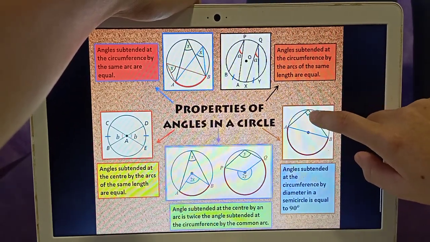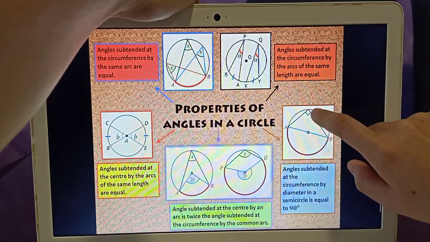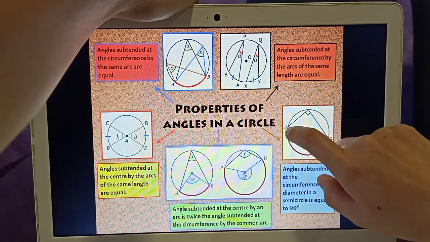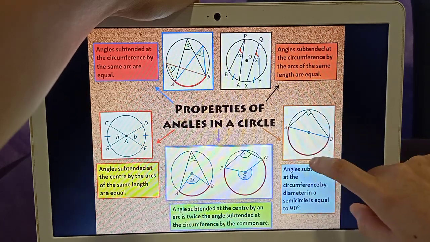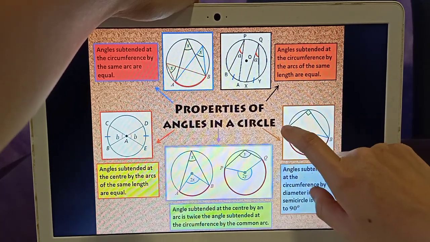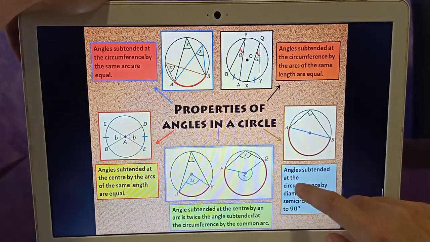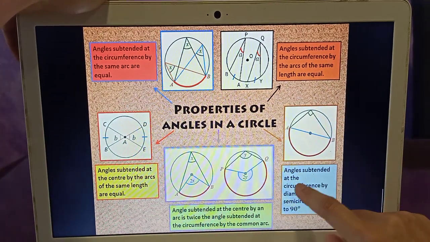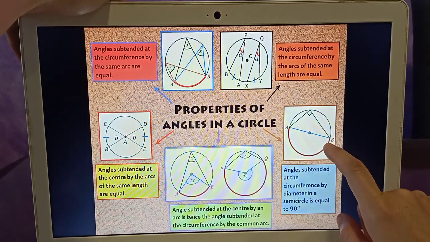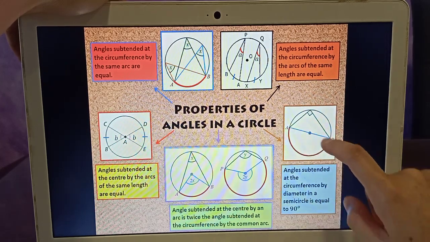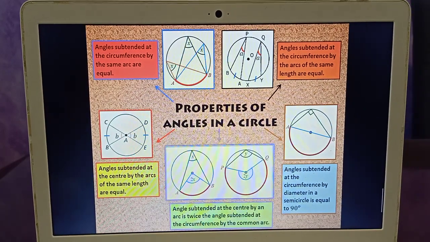When do we say this is 90 degrees? Only when it is subtended at the circumference by a diameter. Apart from the arc, there is also a diameter here. Then we can say that this is 90 degrees. Are you clear? I repeat, the angle subtended at the circumference by a diameter in a semicircle is equal to 90 degrees. Okay?